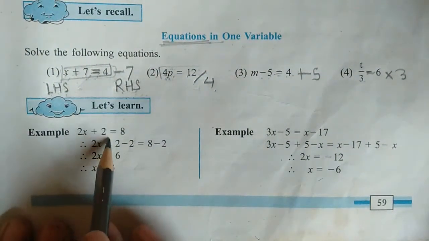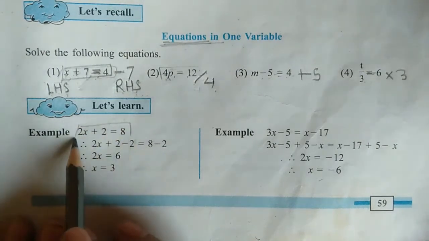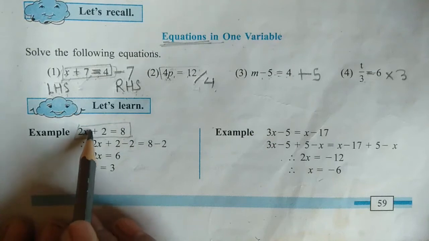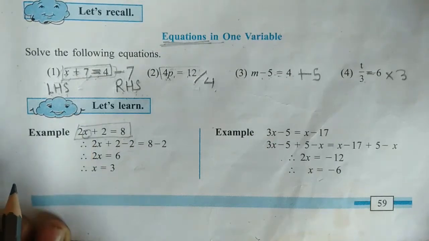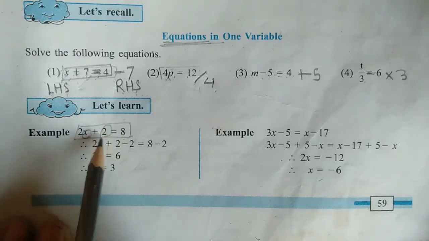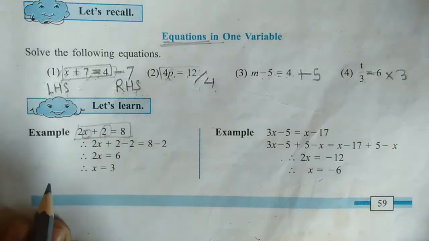Now see the solved example here. Twice x plus 2 is equal to 8. When equations in one variable are given, here we have to find the value of the variable. So here we have to find out the value of x. To find the value of x, firstly we remove the 2. So to remove the 2, we subtract the 2 from both sides.